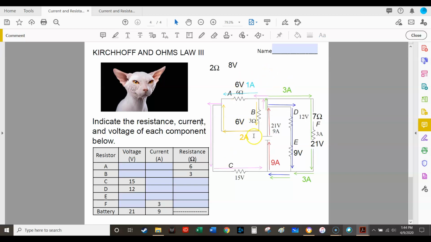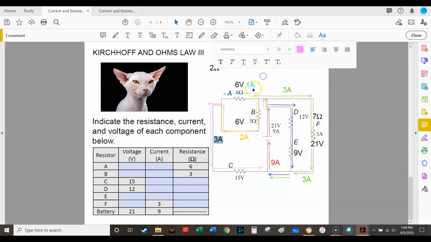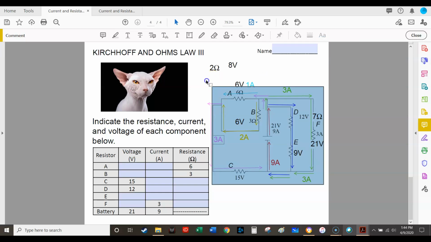That's pretty cool. Since we have that, now we know that pink has split up into 1 amp and 2 amps. And what that means is that pink is actually also 3 amps. But even though it's 3 amps and it's the same value as green, it is a different current.